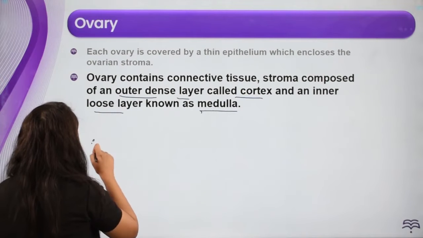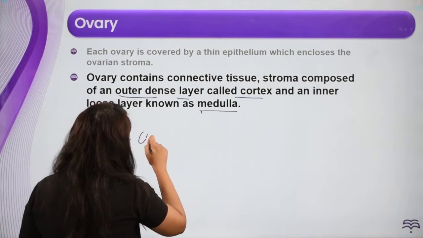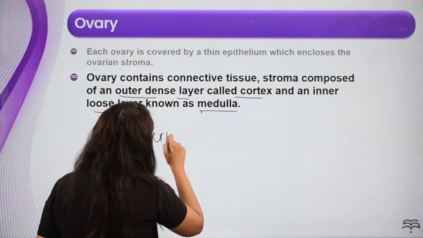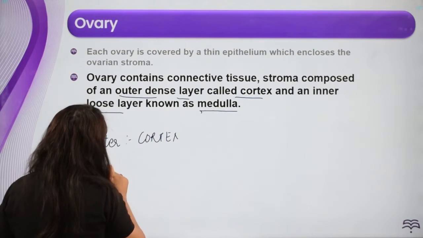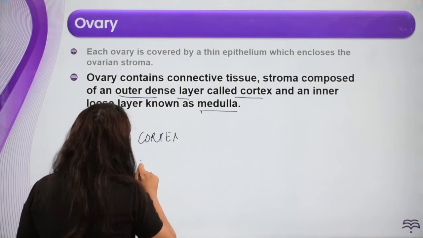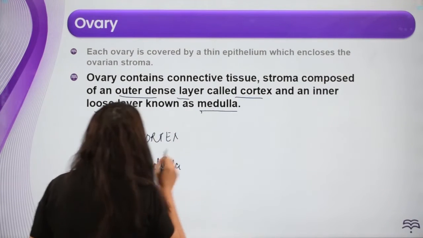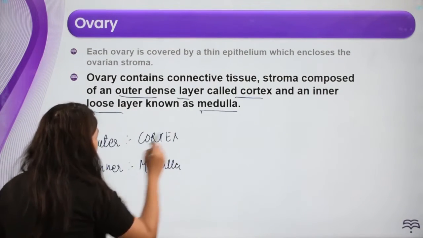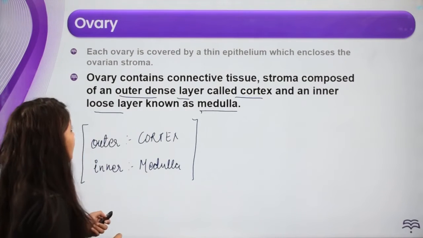You have to remember this, it can be asked: outer region, cortex; inner, medulla.